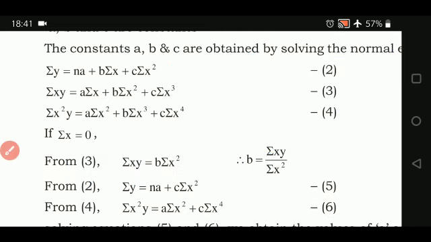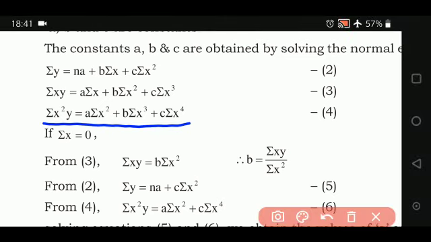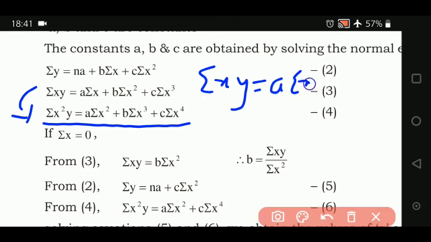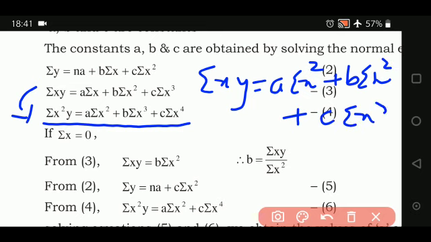Now the third normal equation is derived from this particular equation itself. Now this is the second normal equation, summation xy is equal to a summation x plus b summation x square plus c summation x cube. Now to this equation, what am I doing?